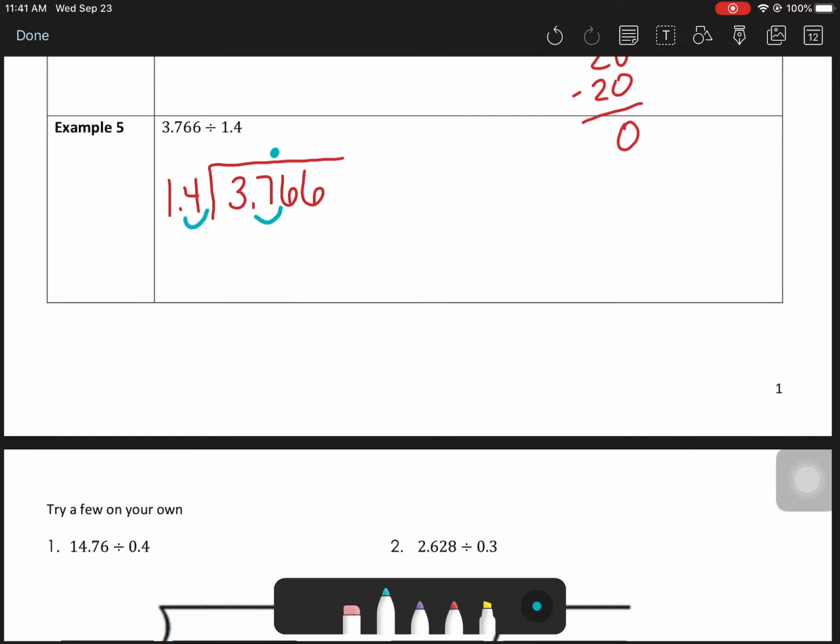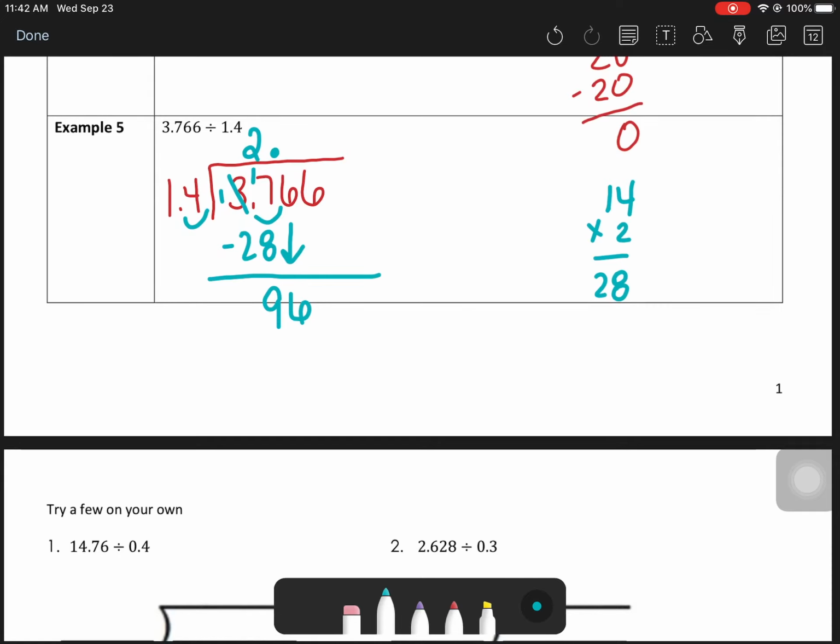So we want to know, does 14 go into 3? Nope. Does 14 go into 37? Yes, it goes in there 2 times. And 14 times 2 is 28. So we're going to subtract 28. And when we subtract, we need to borrow. 17 minus 8 is 9, and we're going to bring down the 6.